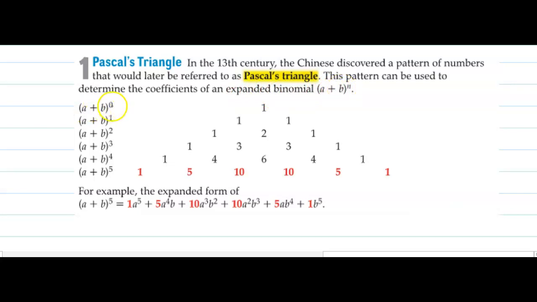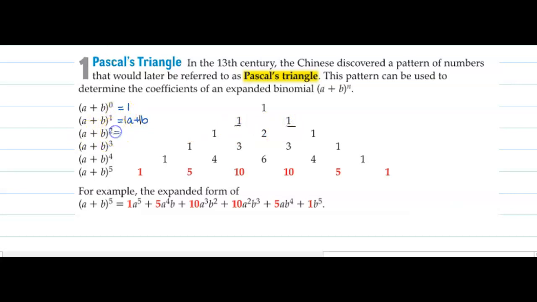A plus b to the 0 is just 1. Because remember, anything to the 0 power is 1. Anything to the first power is just what you see. A plus b. Notice the coefficients here. 1a, 1b. A plus b, the quantity squared.